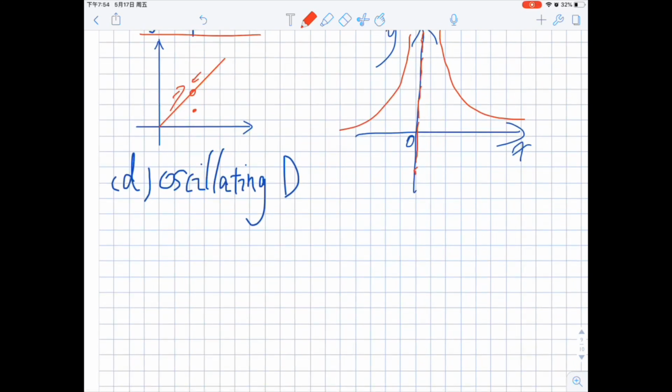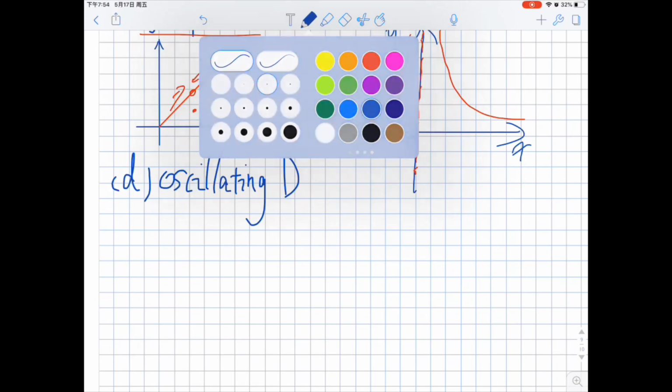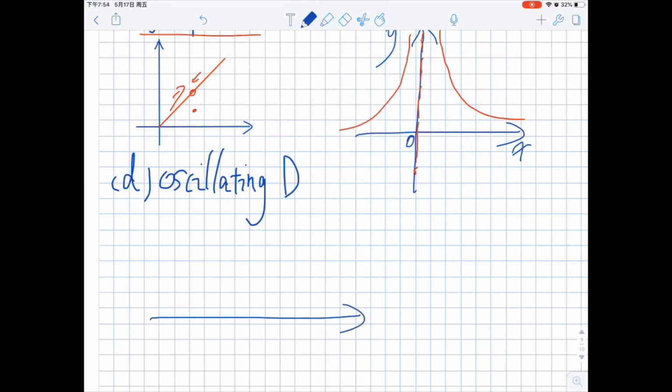The last one is oscillating discontinuity, which is like this. Let's still look at x equals 0; the graph will look like this. This is an example.